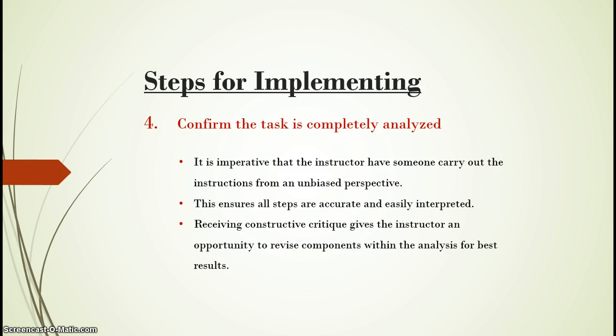It's so easy just to leave out small steps that we take for granted. When the instructor receives the feedback, then they can go in and revise different components within the steps based on the feedback obtained through their trial to be able to communicate in the best possible way.